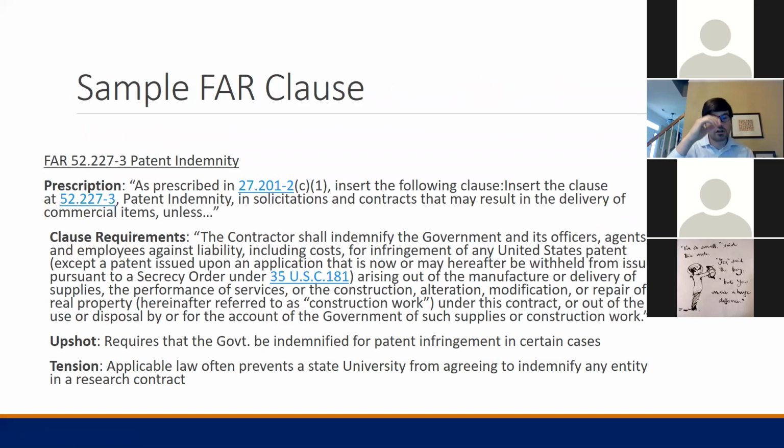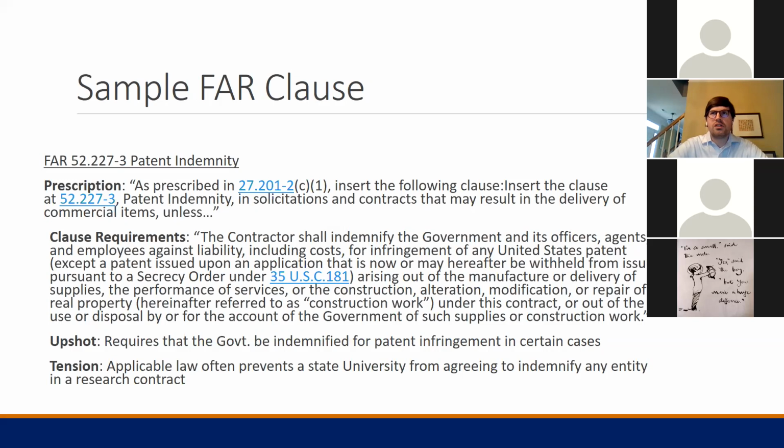So here, going to the question earlier about what the specific instances are where we just can't accept something, here's an example where there is a prescription for a particular type of clause that requires us to indemnify the government. This is not something we see very frequently.